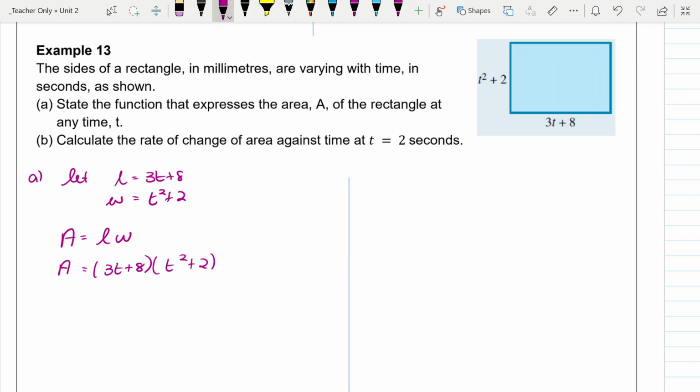Okay, now it says calculate the rate of change of area. So as soon as we've got rate of change, we are talking about derivatives. So we're going to say, well, dA by dt is the rate of change of area with respect to time.